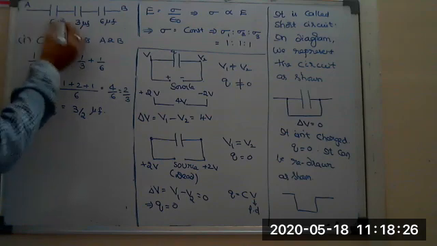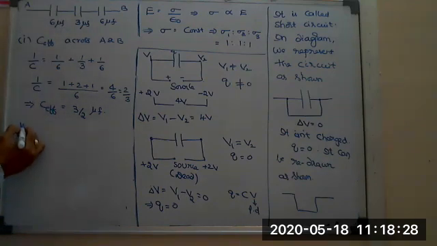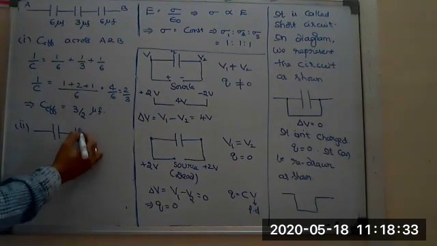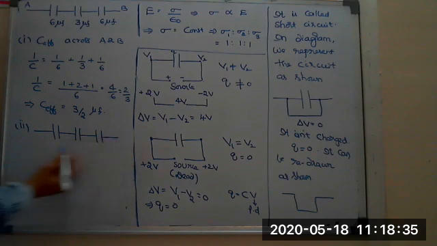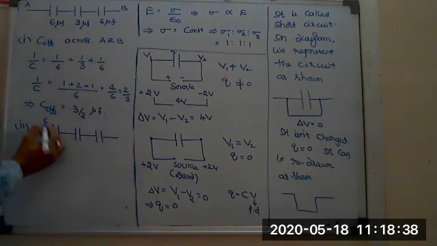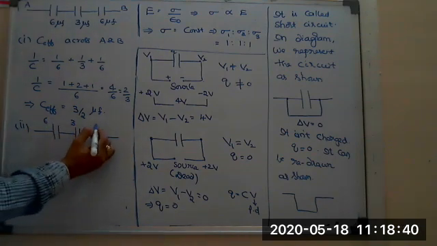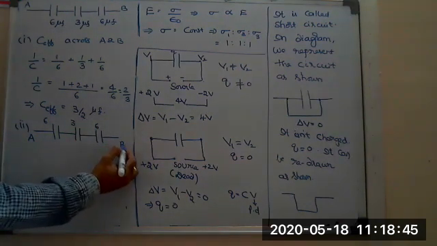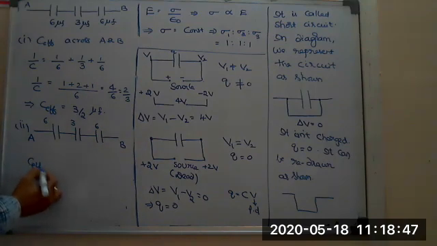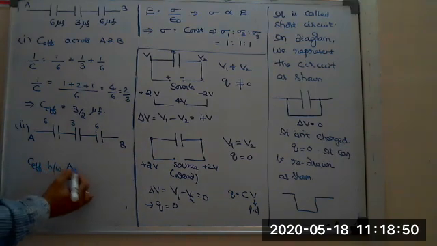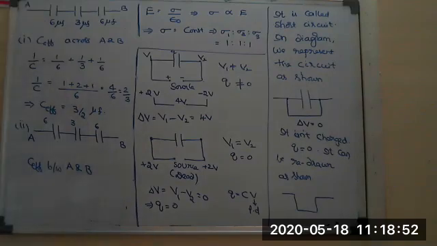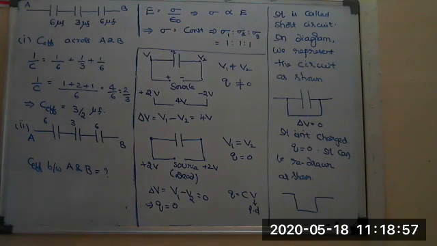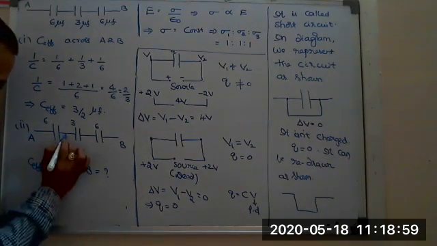Okay. So here, the above circuit is given again in a similar way, but with a small change: 6 microfarad, 3 microfarad, and 6 microfarad. Again, he is asking what is the effective capacity between A and B, with one small change. What is the small change, sir? He gave the circuit like this.